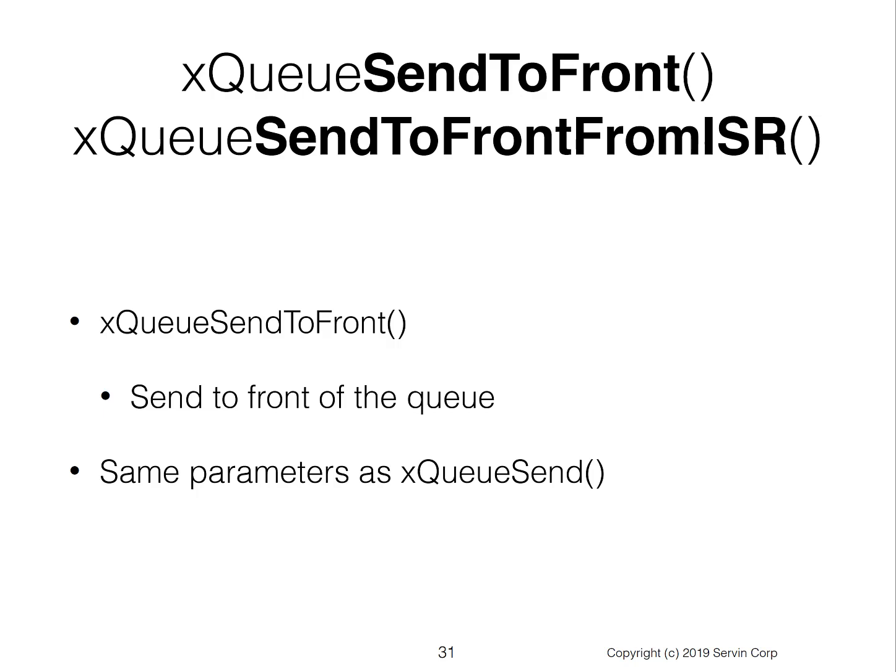Or maybe if you're on the airline and you have TSA PreCheck, you can go to the front of the line. So xQueueSendToFront basically sends it to the front of the queue. The parameters are the same as xQueueSend or xQueueSendToBack. The only difference is now it's sending it to the front.